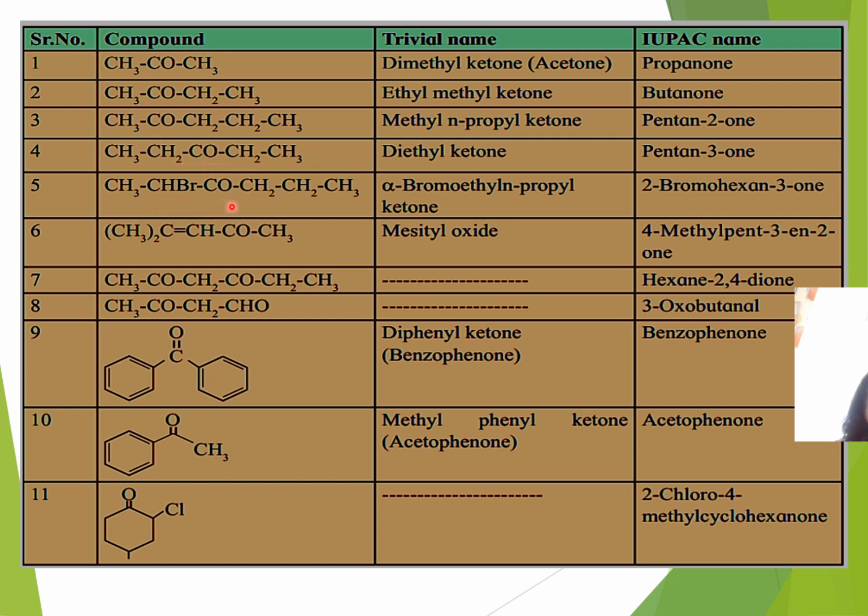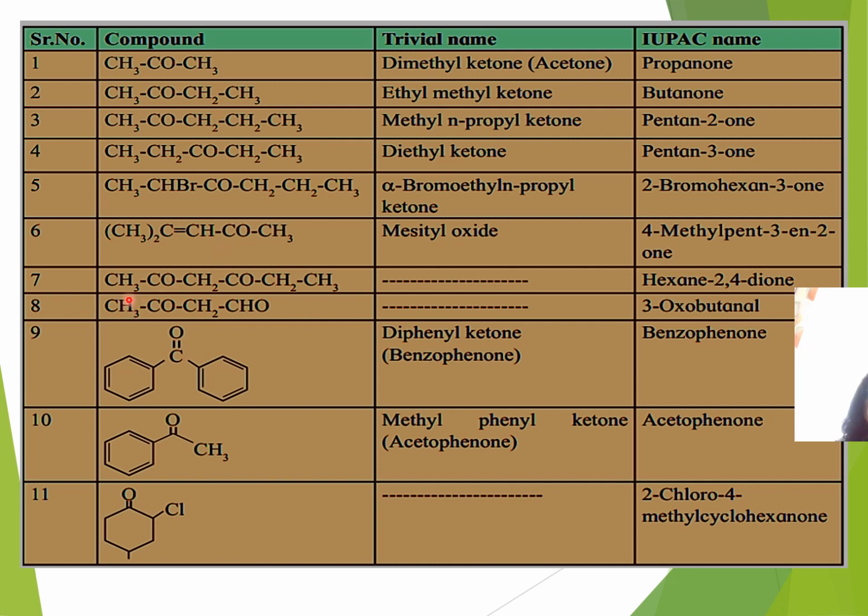Then CH3CHBrCOCH2CH2CH3. So you have an alpha bromoethyl derivative: alpha bromoethyl propyl ketone, or we can say 2-bromohexan-3-one. Then (CH3)2C=CHCOCH3 is mesityl oxide, and the IUPAC name will be what? 4-methylpent-3-en-2-one: 5 carbons, the double bond on the third carbon and CO on the second carbon.